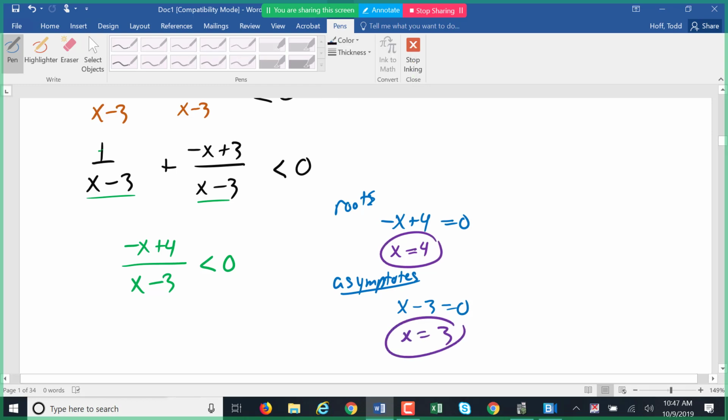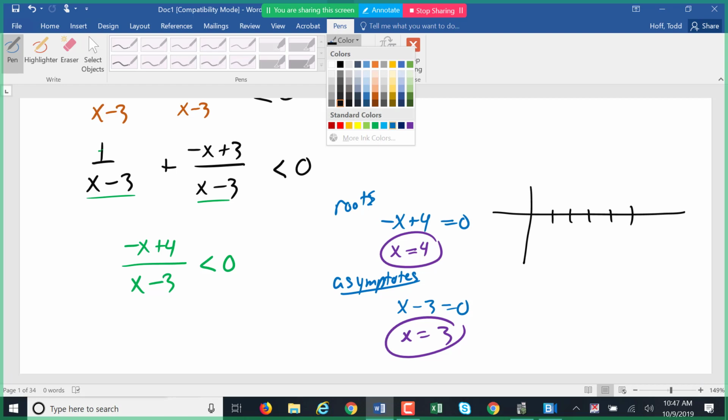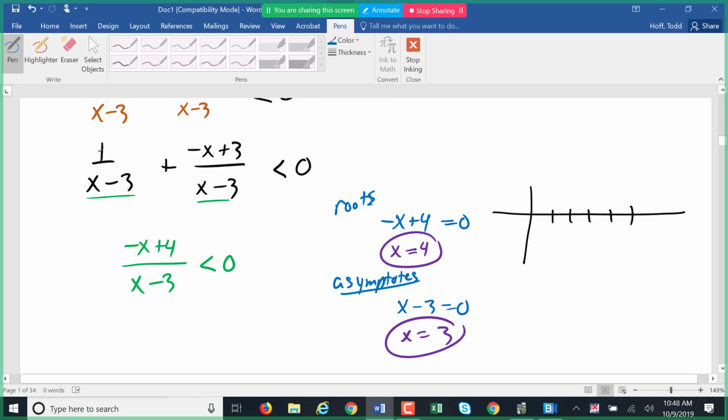So looking at a graph, I have a root at 4 and an asymptote at 3, dividing me into 3 regions.